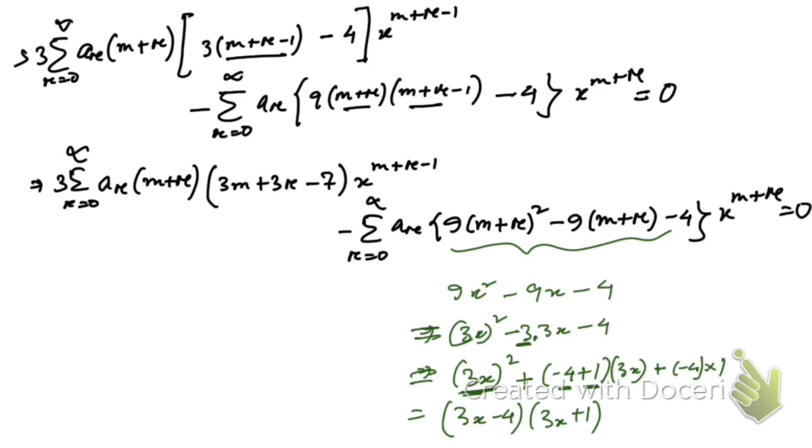So this is gonna be your result. So x is nothing but your m plus r. So if you factorize this, we're gonna have, sorry, not 9, 3 m plus r minus 4 and 3 m plus r plus 1. That's what we're gonna have if we factorize this term.